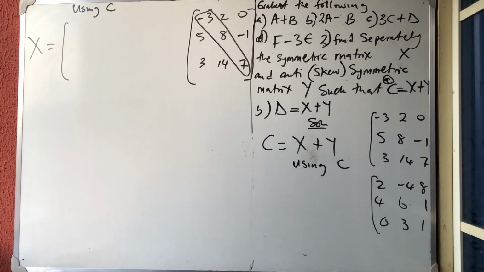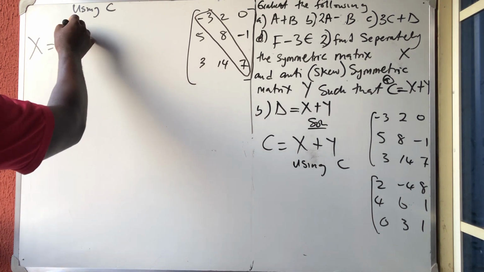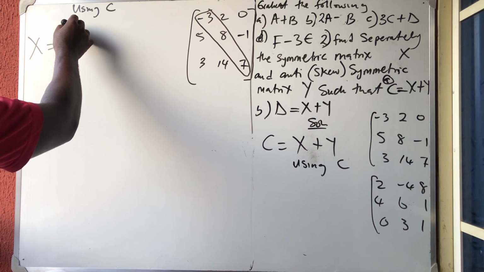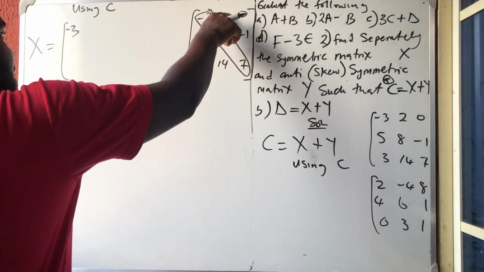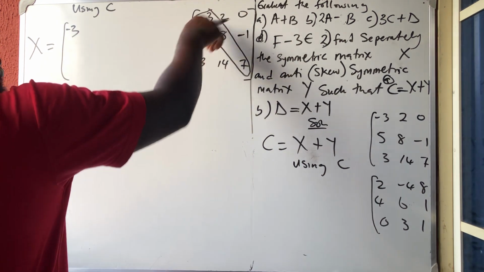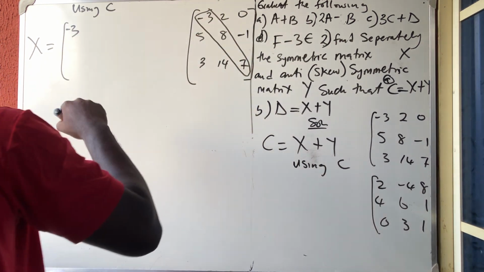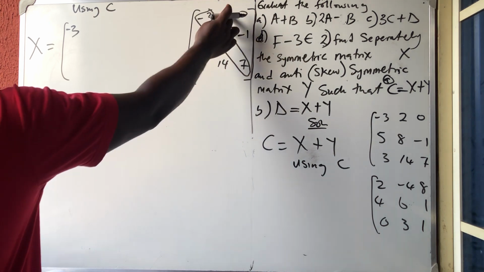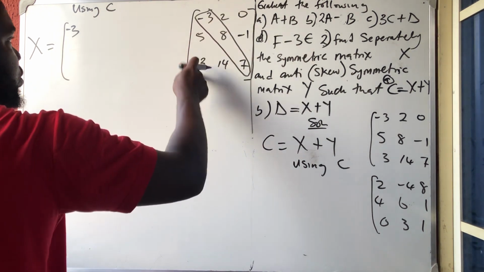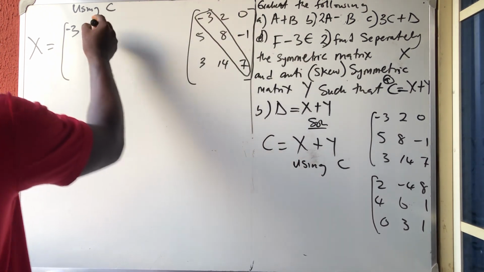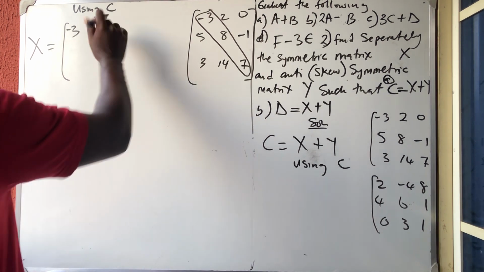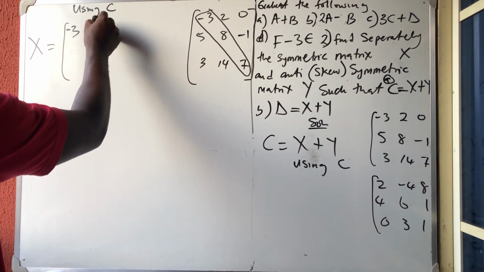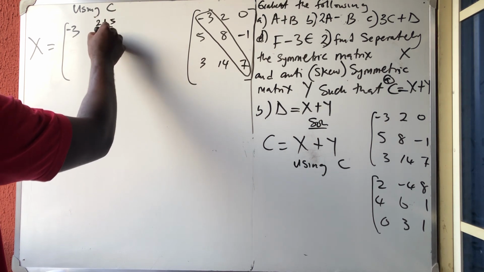How do you do that? Let me write out my diagonal first. This is minus 3. Now for me to get the same thing here and here, just add both of them and divide by 2. These two go together, these two go together, and these two go together. So here it is simply 2 plus 5 divided by 2.